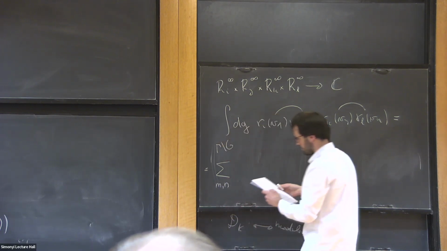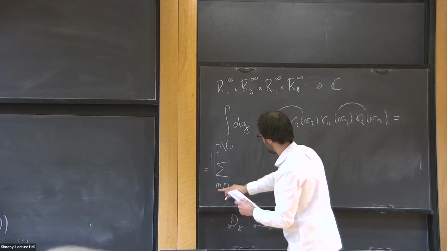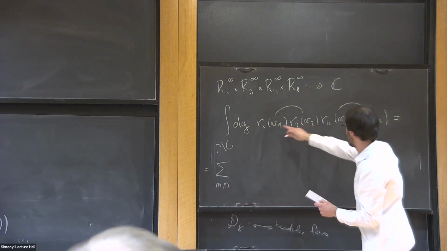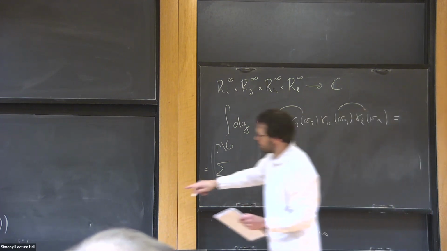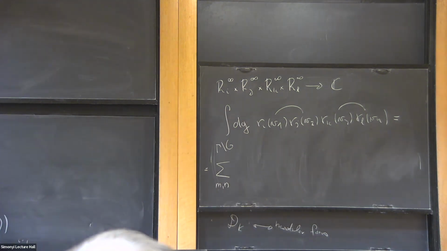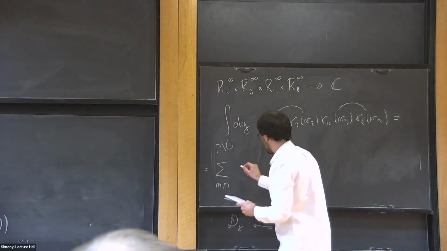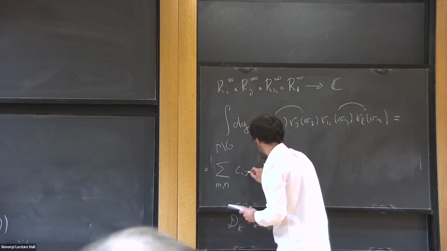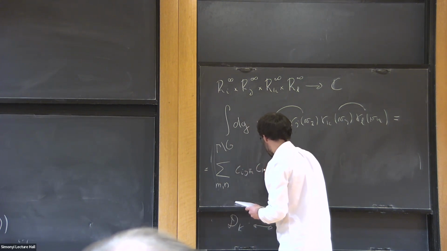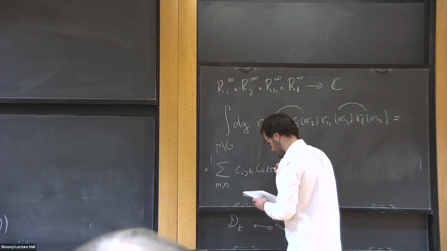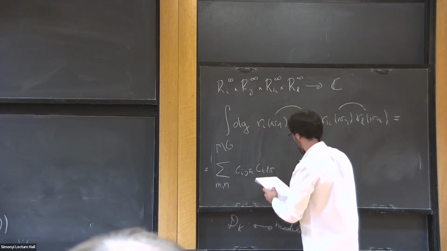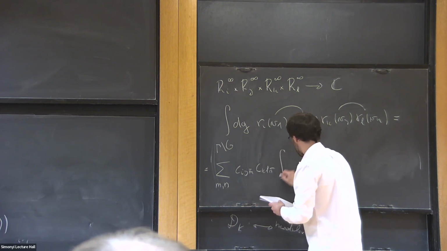You get a double sum over these irreps because each of these products gives you a sum. I'm just using this replacement. So you get C_IJ and bar, C_KL and bar, and then you have this integral.